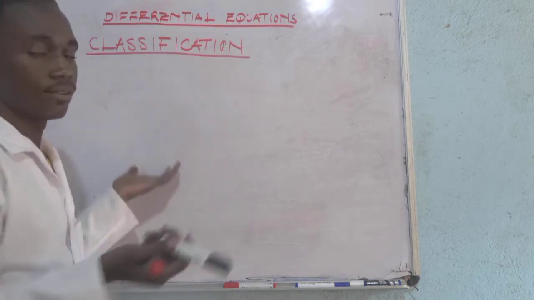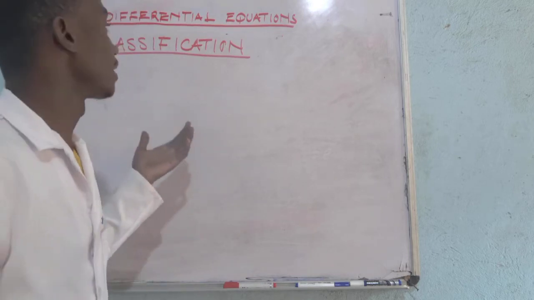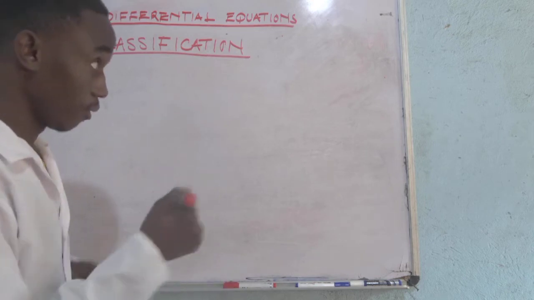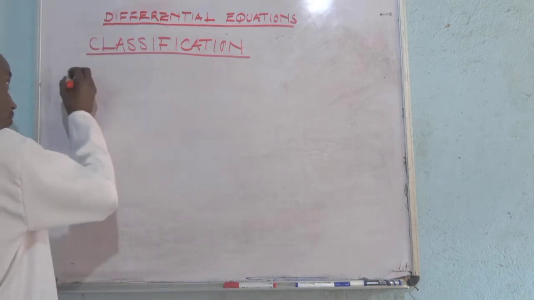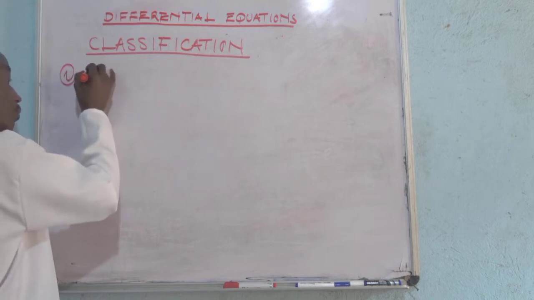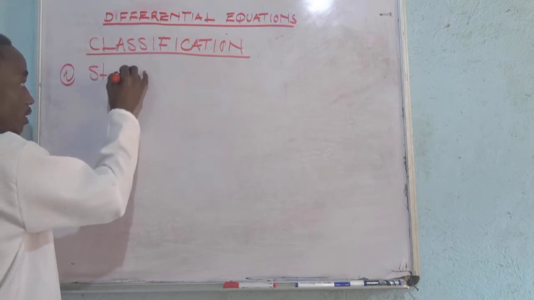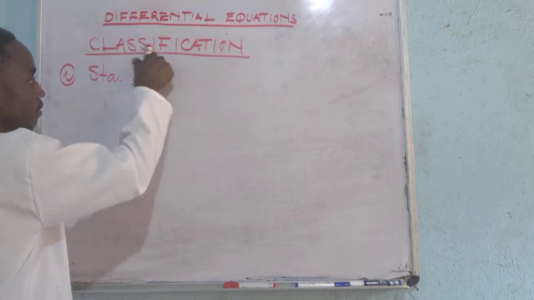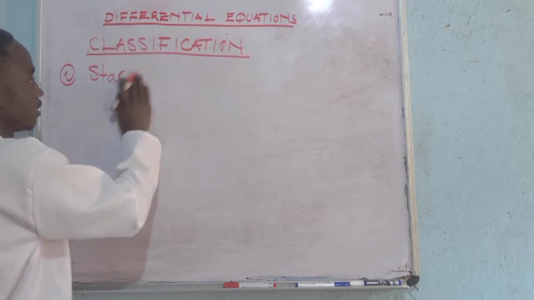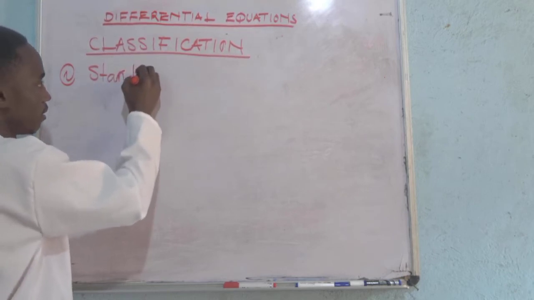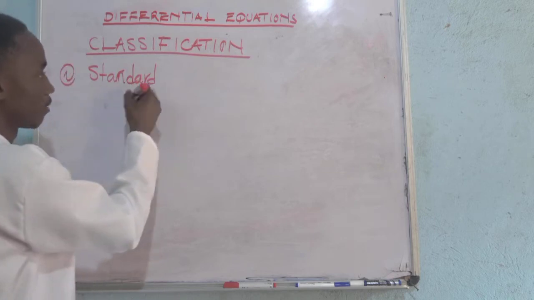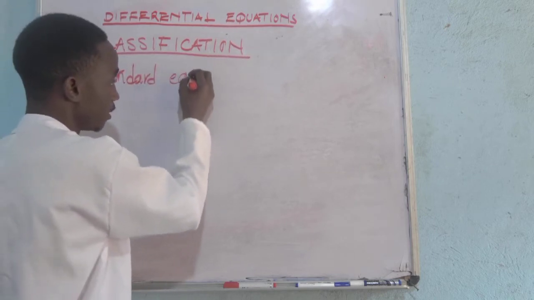So differential equations can then be classified according to certain properties that we are going to discuss here. The first one is what we call a standard equation. I hope the spelling is correct.